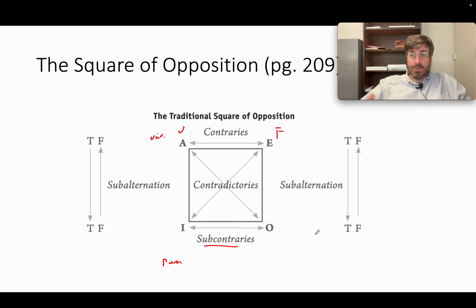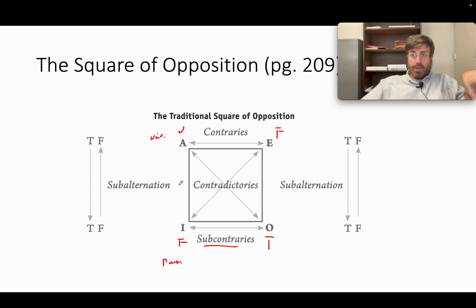Subcontraries are very close in structure to contraries, but the values are opposed. When we begin with a false I claim, we know that the O claim is true. However, if we start with a true O claim, the corresponding I claim is undetermined. We don't have enough information to make that immediate inference.